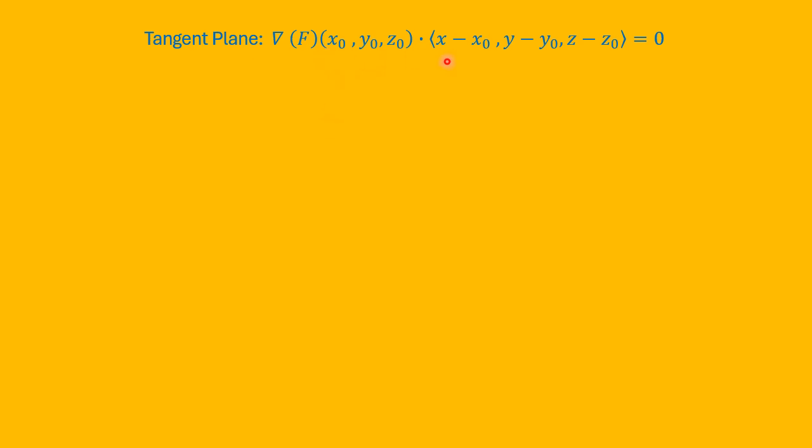Let's recall this formula for the tangent plane. Let's use it to solve a problem. Let f of x, y, z be x squared plus y squared plus 1/4 z squared. Note that if we plug 1, 3, minus 2 in for x, y, z, the value of the function turns out to be 1 plus 9 plus 1, which is 11.